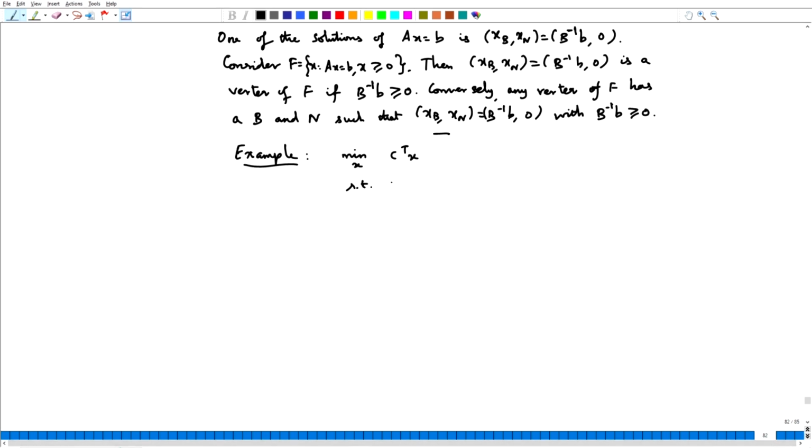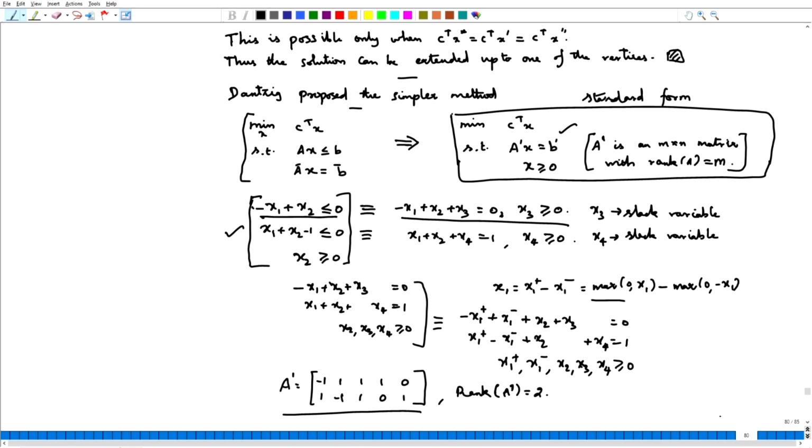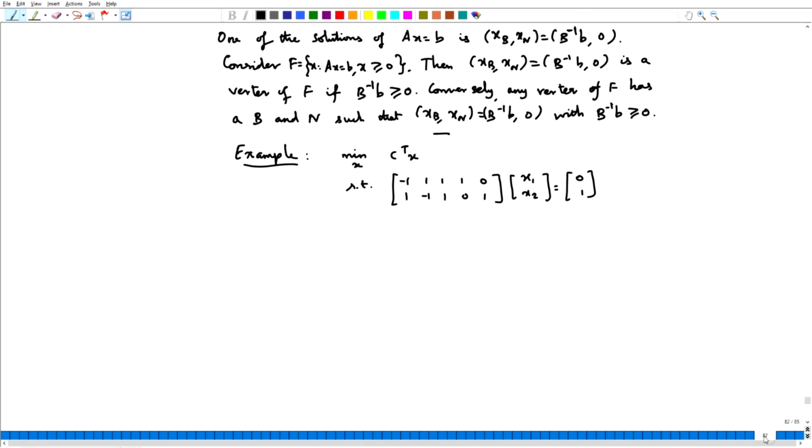Let me copy that down. b, if you recall, was just (0, 1). These are the equality constraints that you have, and x >= 0.